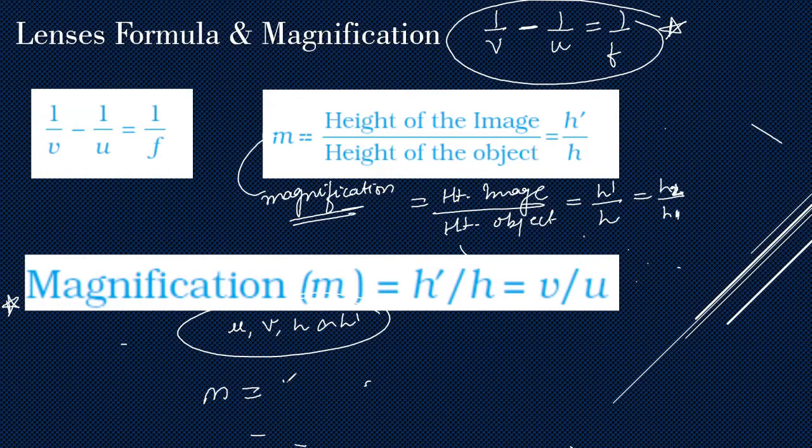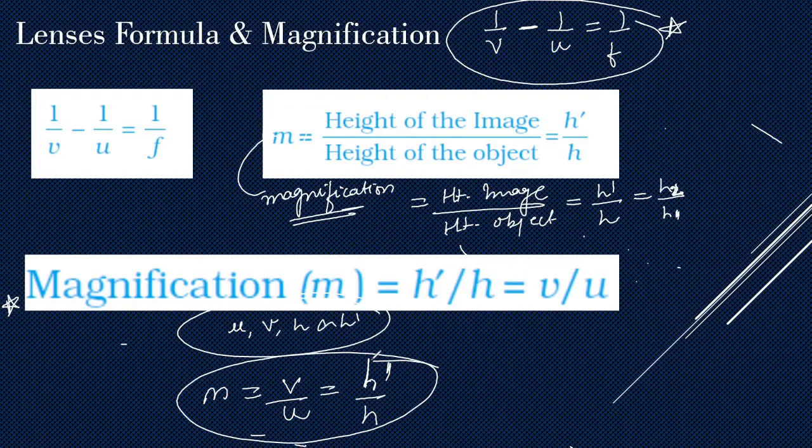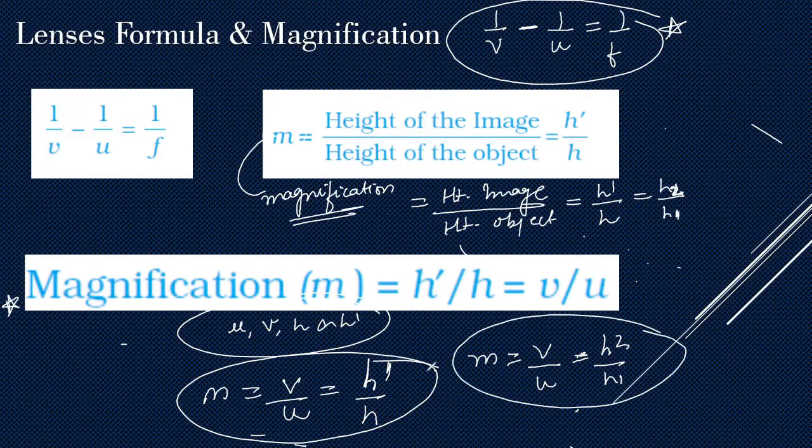m is equal to v upon u, equal to h dash upon h, or m is equal to v upon u, h2 upon h1. Same thing, right? This is very important. In case of mirrors, what was the formula? I'm just writing mirrors so that you don't get confused.